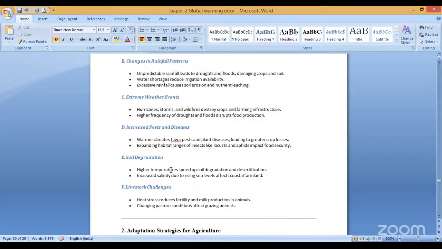Then coming to the next one, livestock changes. Heat stress reduces the fertility and milk production in animals. Not only in animals, in humans, the females also face infertility problems due to a lot of stress and heat, and the production of milk in mothers can also be very low.